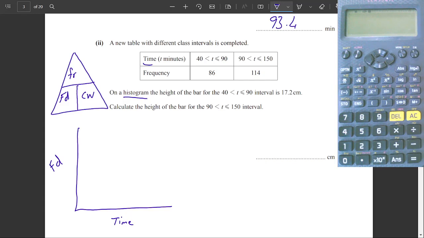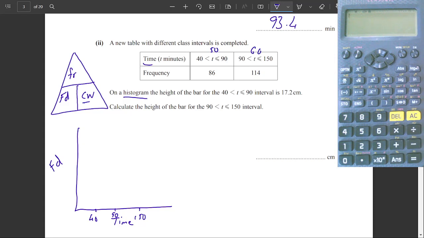Okay, so one class will be 40 to 90, and the next class will be 150. So here the class width, CW, for the first class is 50, and for the next one is 60.